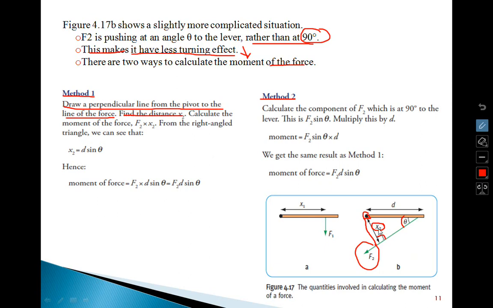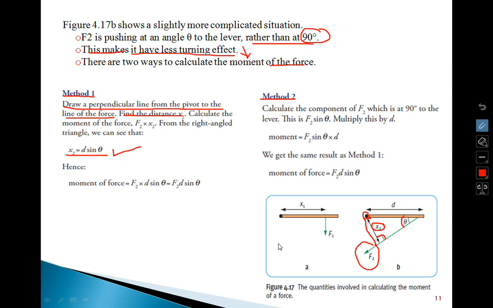x2, from math, is easy. x2 is equal to d sine theta. So we already have x2.